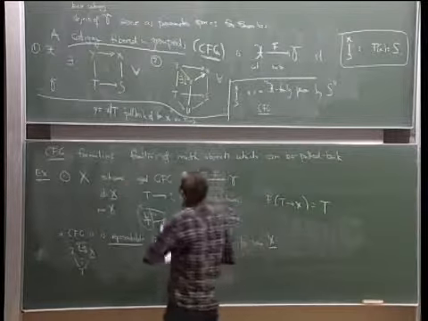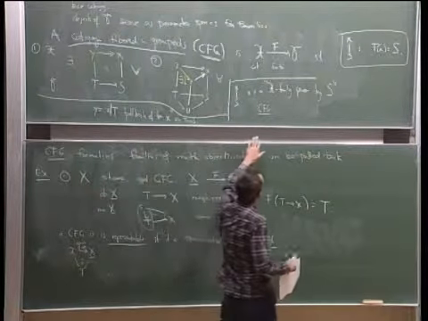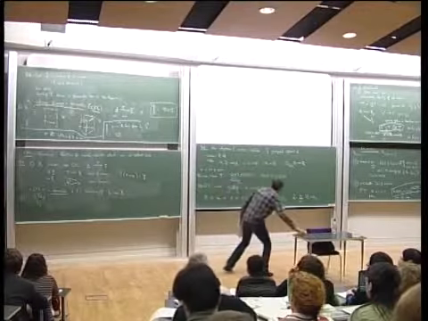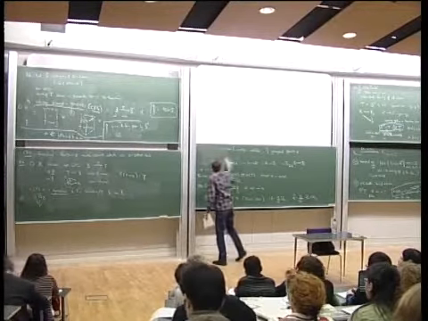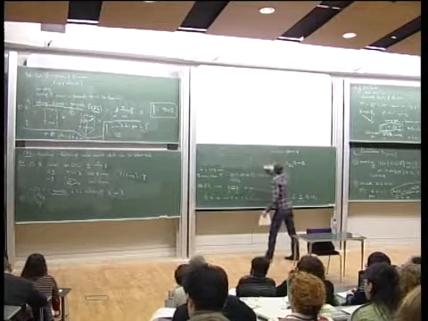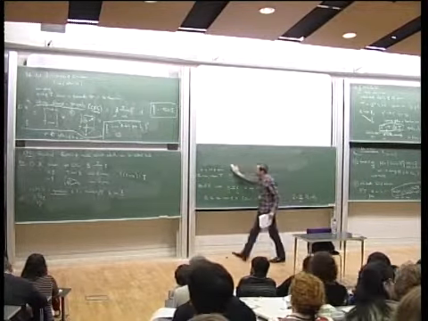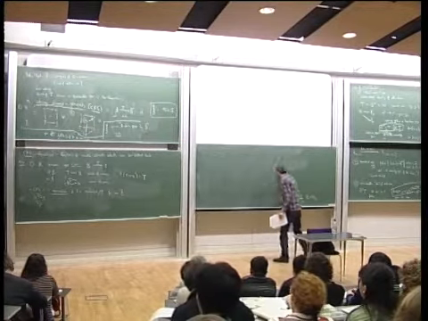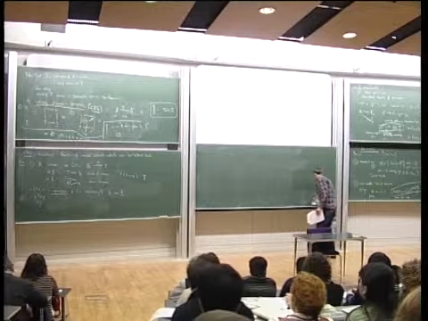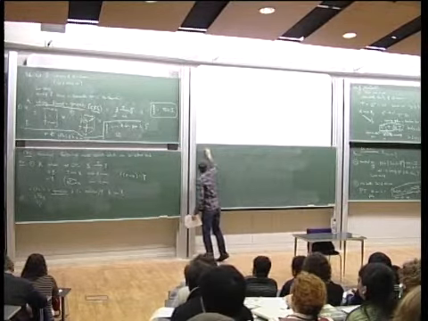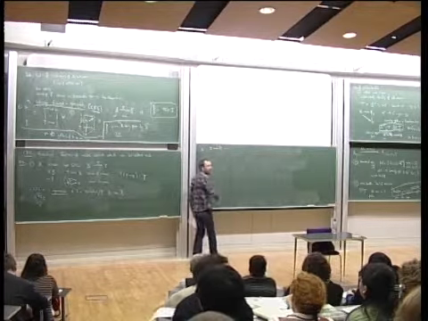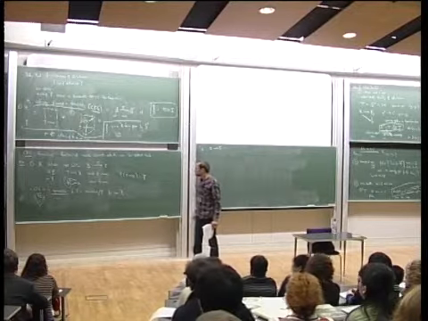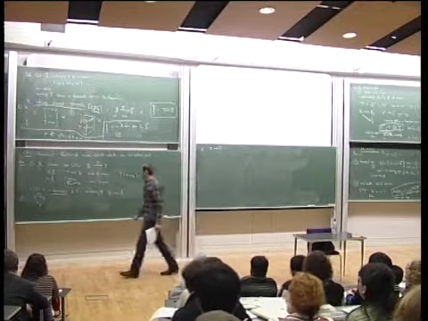When you have a category fibered in groupoids like that, this is the definition of representable.